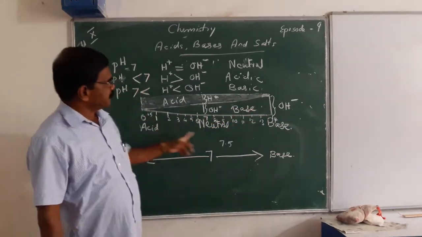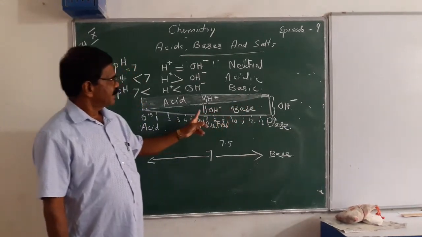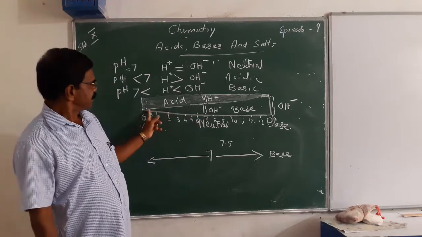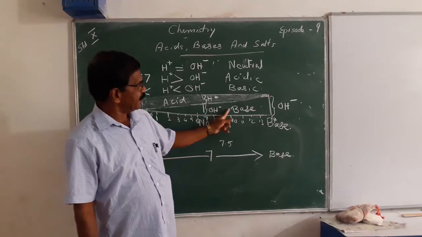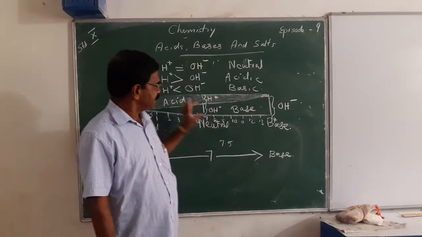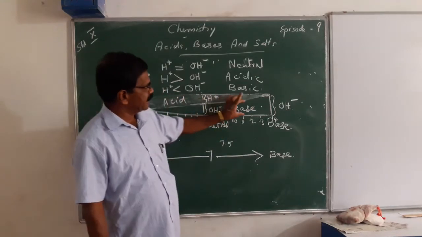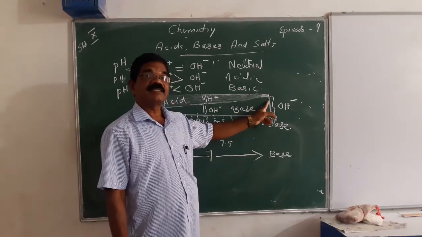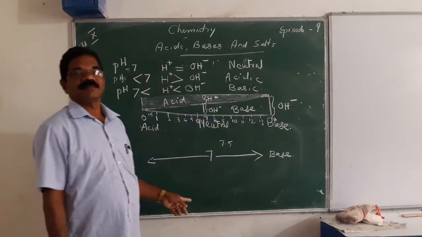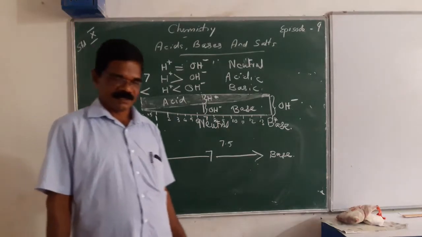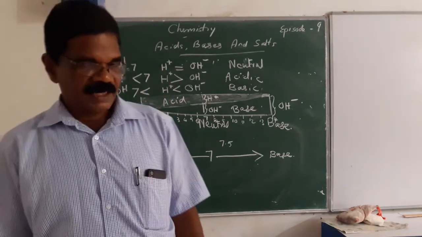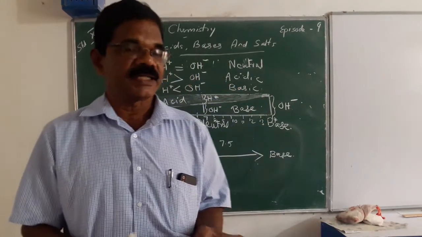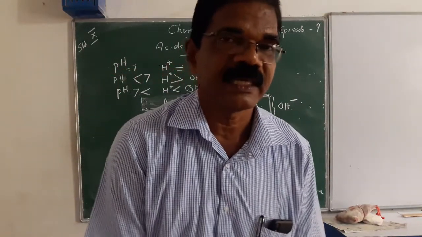From 7 to 14, what will happen? Hydroxide ions increase, then basicity increases.